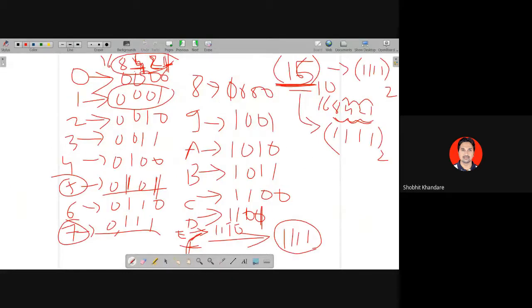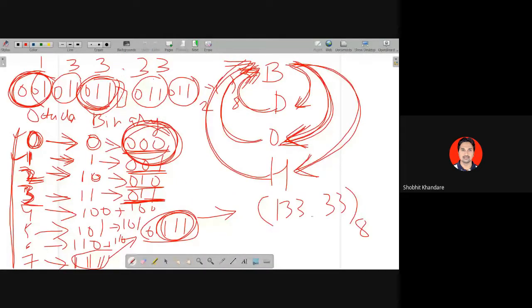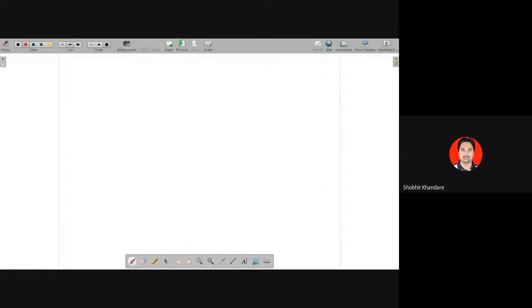Now we have to see decimal to octal. बाद में फिर हम पढ़ेंगे ऑक्टेल टू डेसिमल। We will study here now decimal to octal. How do you convert this decimal to octal?